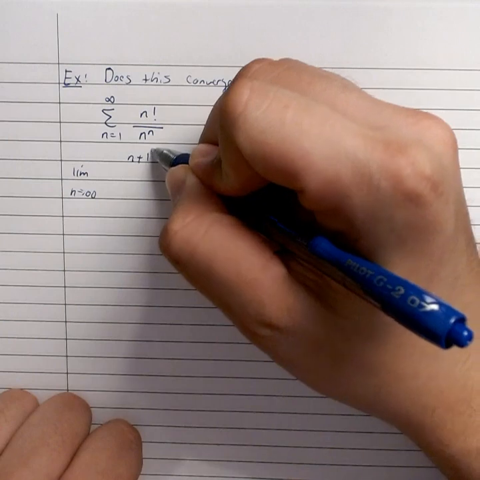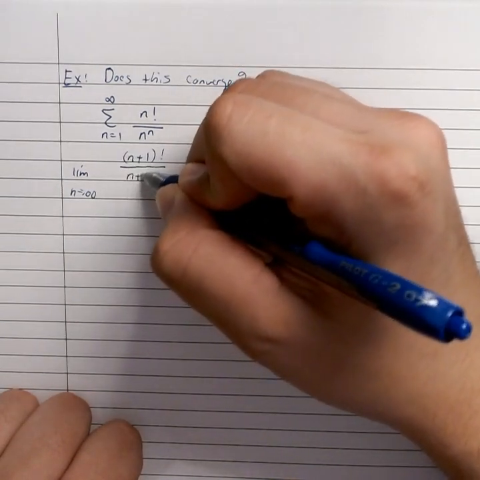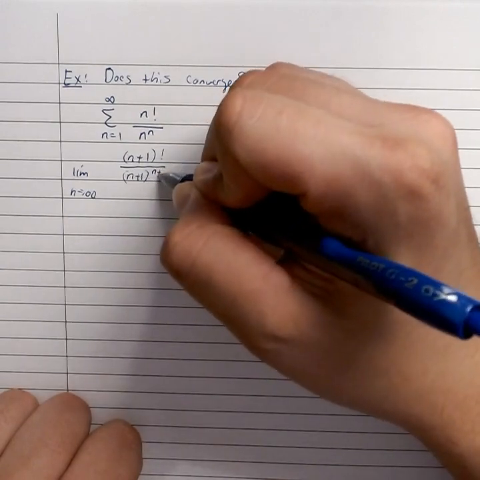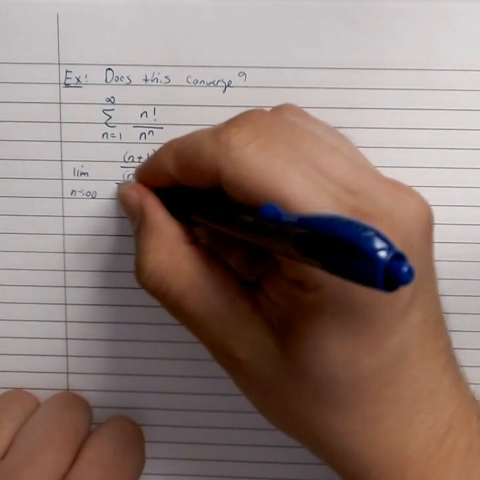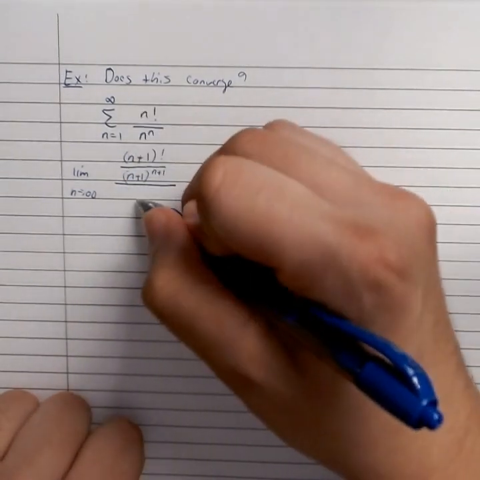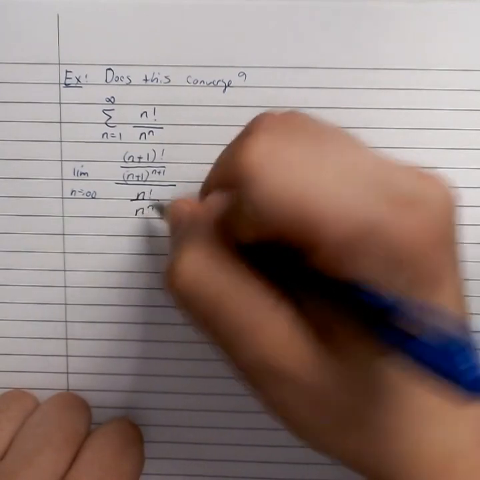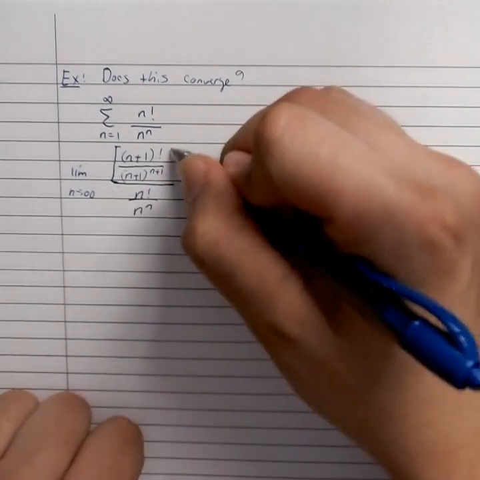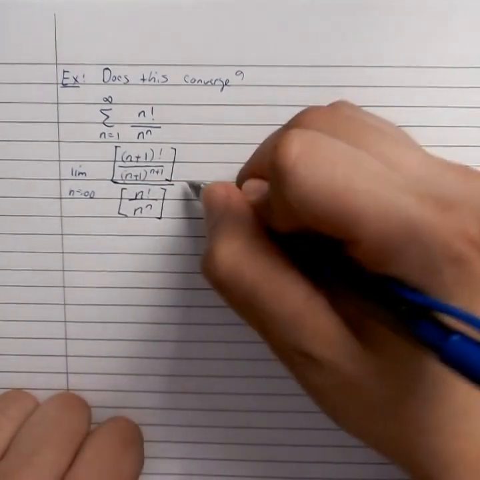So this would be n plus 1 factorial over n plus 1 to the power n plus 1. Now we're going to divide that by the original nth term, which is n factorial over n to the power n. So that's your a sub n plus 1, and that's your a sub n.